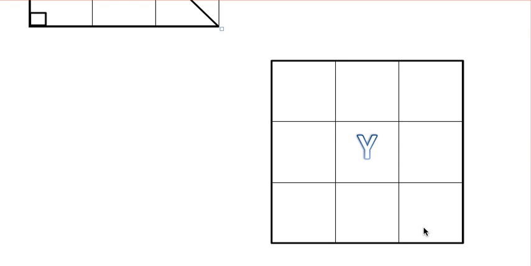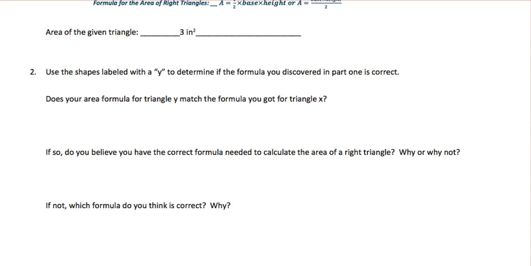And the formula from part A, remember, was 1/2 times base times height. And ultimately, our area formula, if we did it correctly in number 1, should match. And the formula again is area equals 1/2 times base times height.